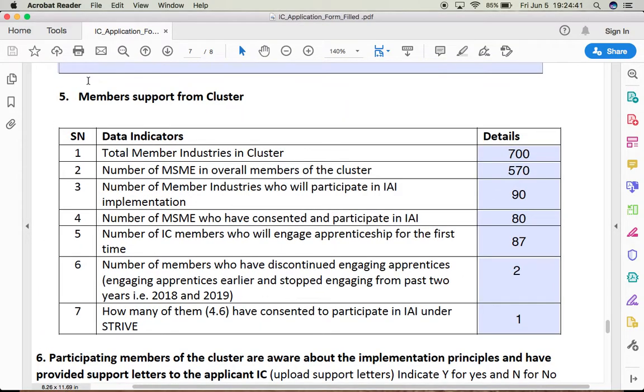Here it is. 53 is the number of member industries who will participate in IAI implementation. This is actually the number of members who have given support letters. And then 54, number of MSMEs.